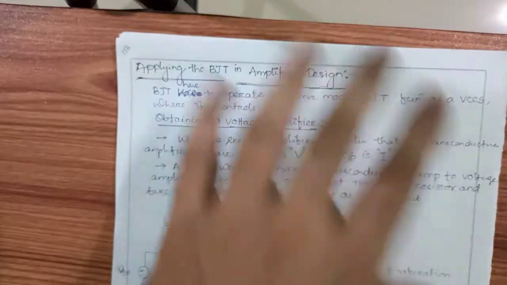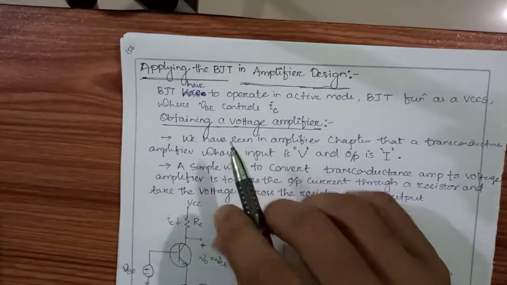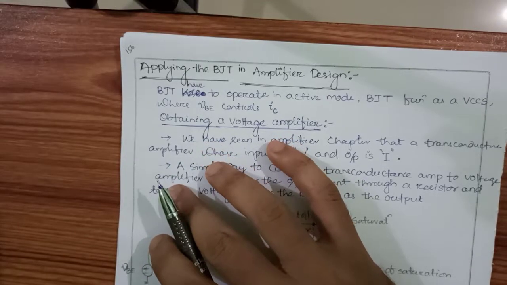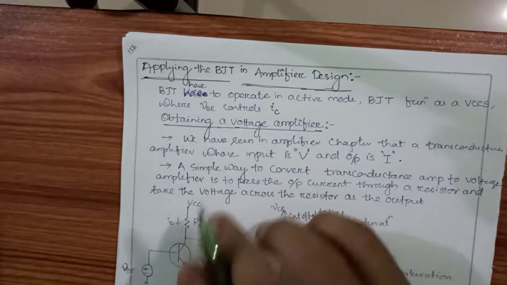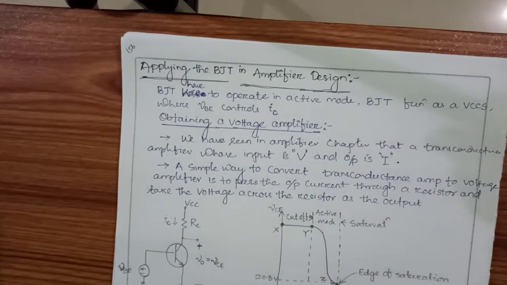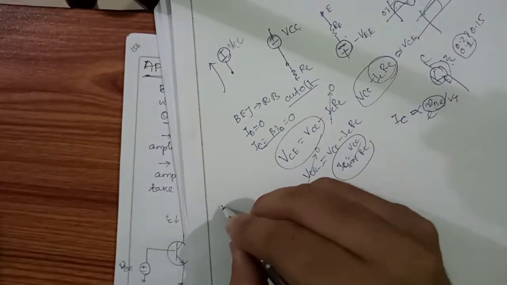Okay, so how do we obtain a voltage amplifier? If you remember the amplifier circuits in the second chapter, there was a transconductance amplifier. For a transconductance amplifier, what is the input and what is the output? Our input is voltage and our output is current.